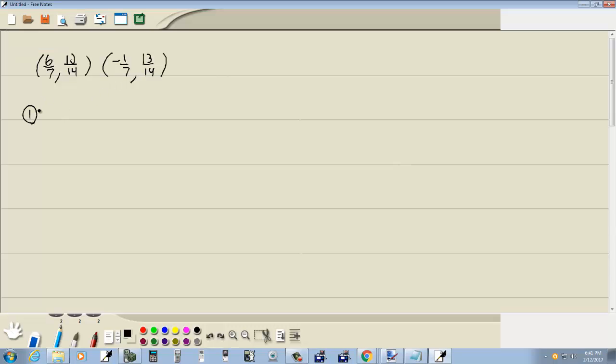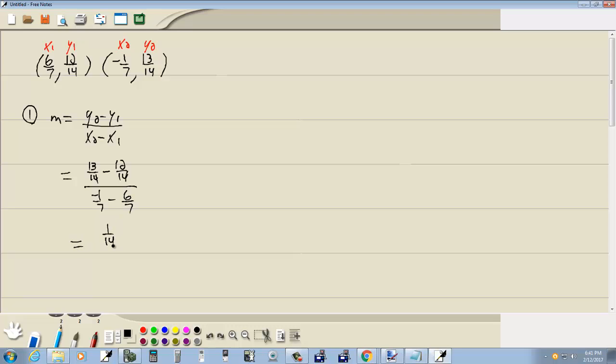First thing we'll do is find our slope. M is equal to y2 minus y1 over x2 minus x1. This is my first point, so I'll label this as x1, y1. This is my second point, so I'll label this as x2, y2. So we're going to have 13/14 minus 12/14 over negative 1/7 minus 6/7.